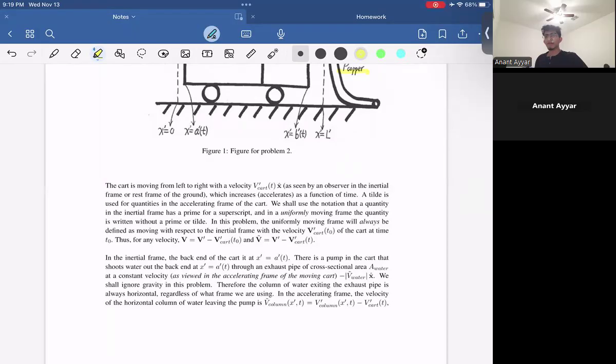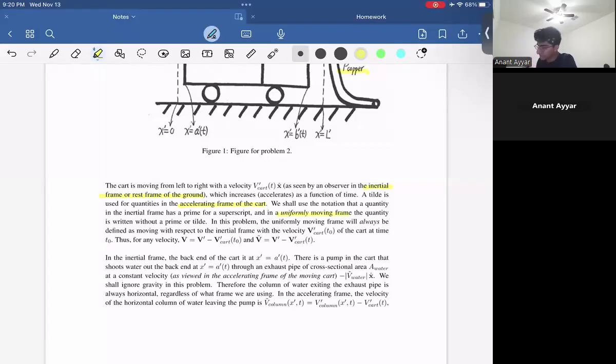The first thing I want to go over is in the first paragraph. There is an inertial frame, a reference frame to the ground, and that's denoted by the V prime. We also have two other frames: one is the accelerating frame that follows the cart through its motion, and then a uniformly moving frame.